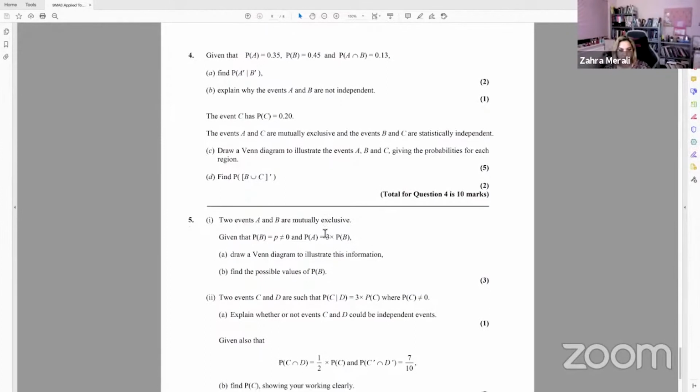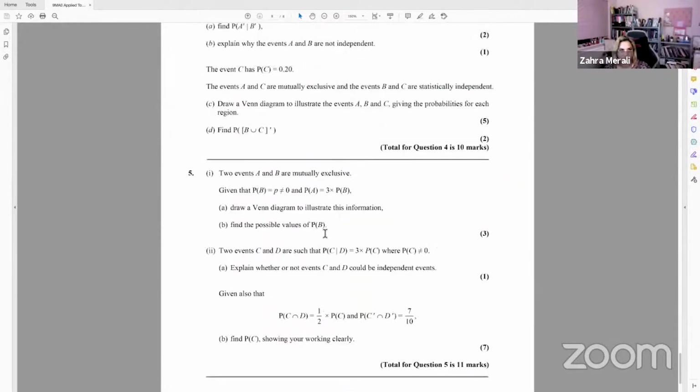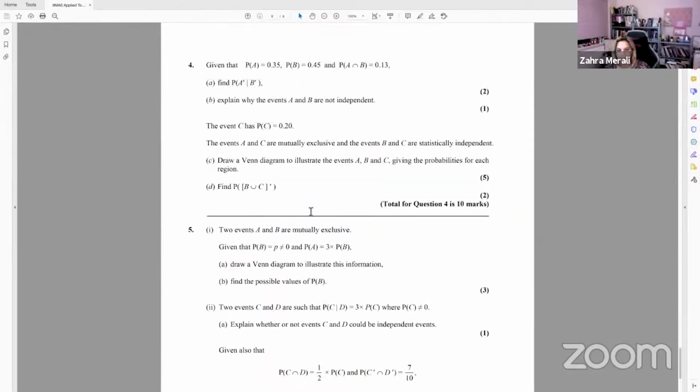Right, question 4. That's not enough space, so let's do that. Right, given that A equals 0.35, this again is really similar to the question that we're looking at. I would always start these with drawing a little Venn diagram because I think it's so much easier to see. So you've got A and B. We're told the bit in the middle is 0.13.